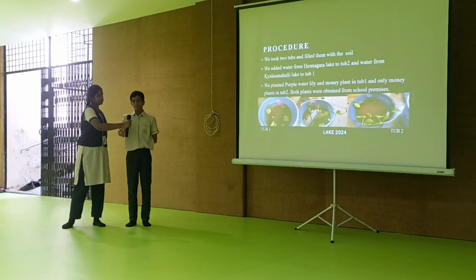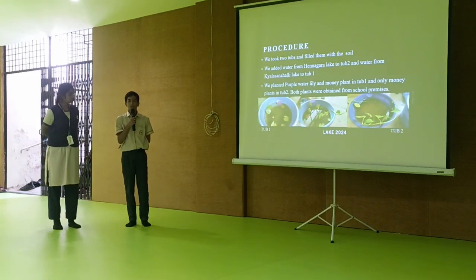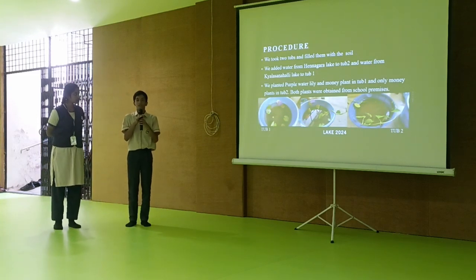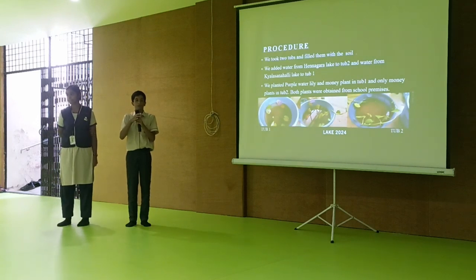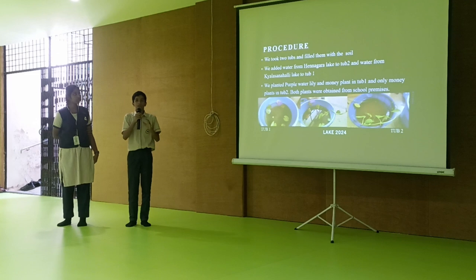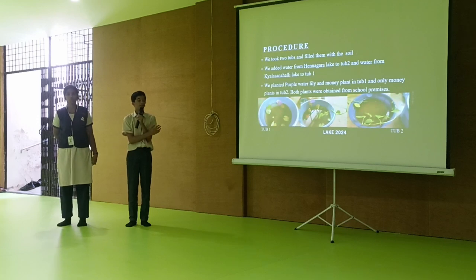Procedure. So we took 2 tubs. We took the soil from the edge of our playground, because the soil was very normal and soft, and that is why we took it.